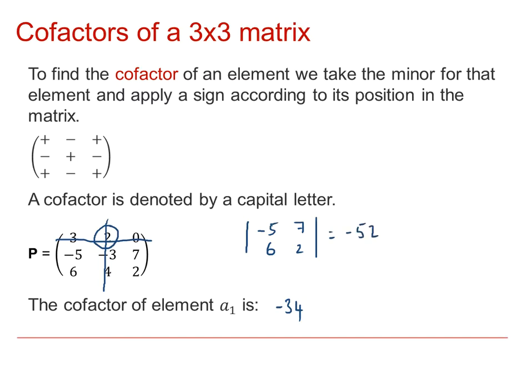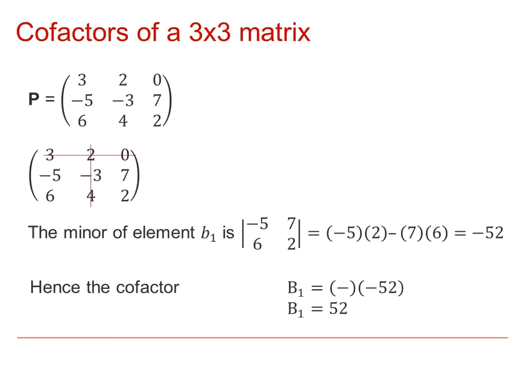So that's the minor, and therefore the cofactor of that element, well, we check the sign that we need, and we need a negative sign. So therefore the cofactor of B1 is equal to plus 52. The notation that we use for the cofactor is a capital letter corresponding to the element itself. So you see the cofactor of B1 is given the symbol capital B1.